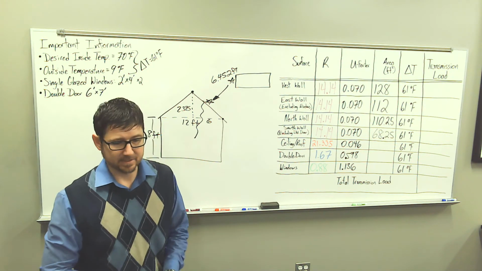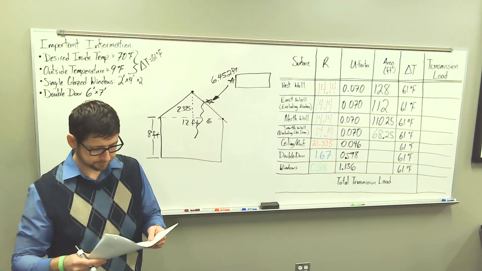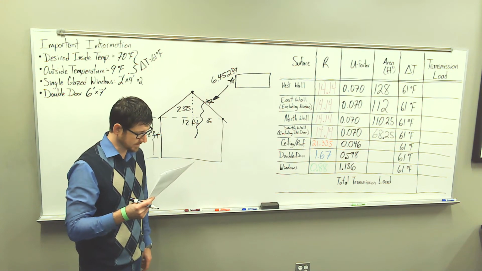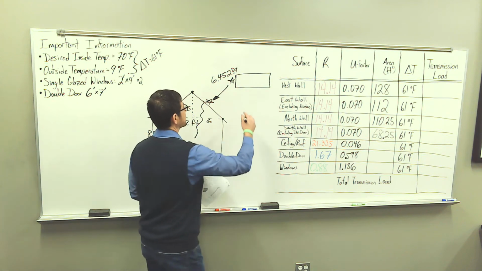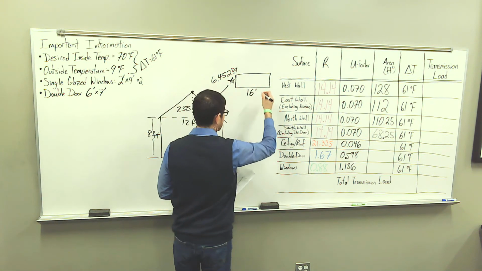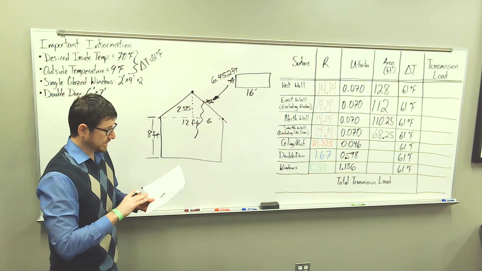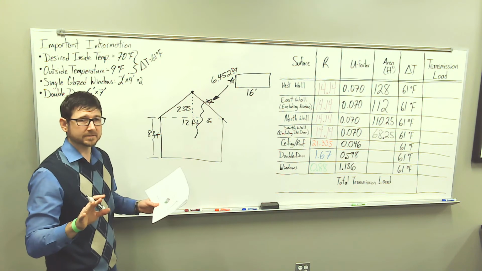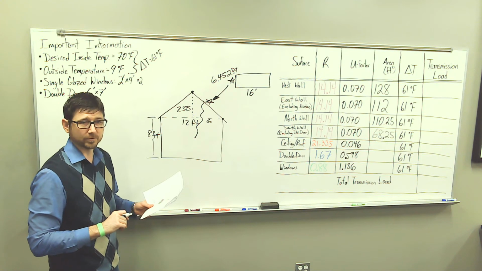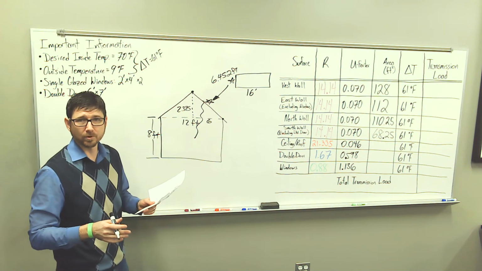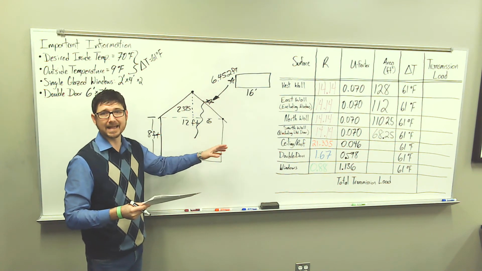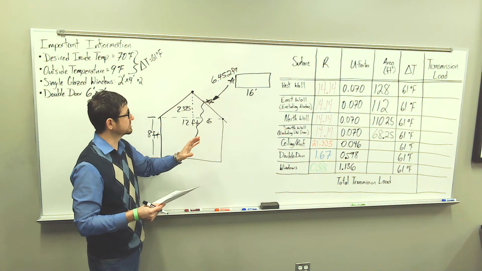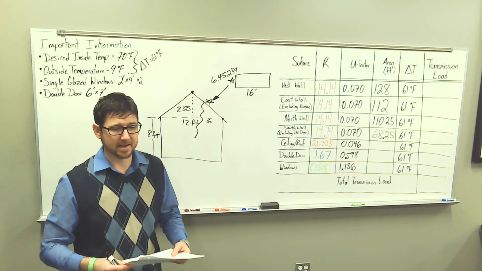So let's take a look at our plans again, and we are going to have a depth of 16 feet. Okay, and so we have an overhang on our roof that is 1 foot, and we are not going to use the overhang. So with the overhang, the overall depth dimension would be 18. There's a 1 foot overhang on the front and the back. We're not using that. So let's calculate the area there.